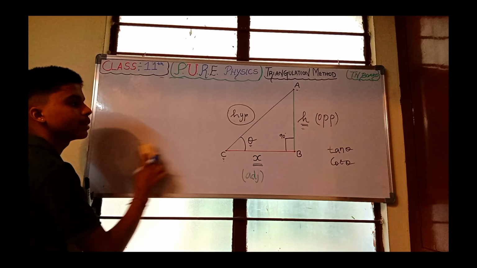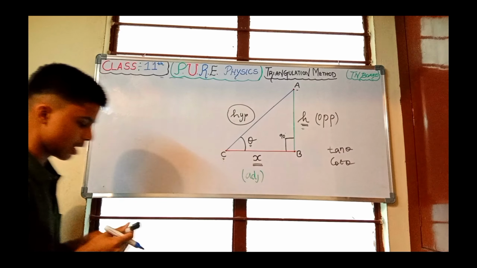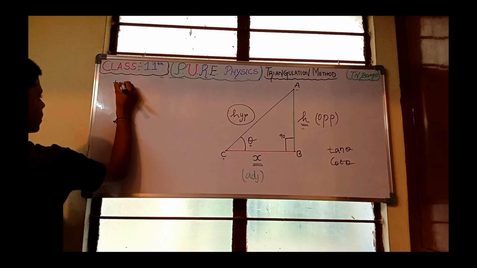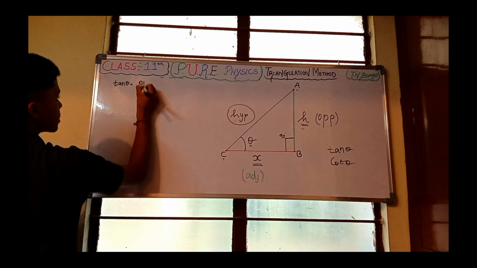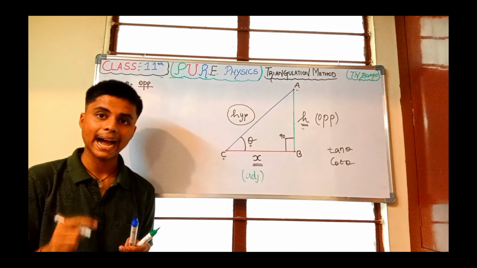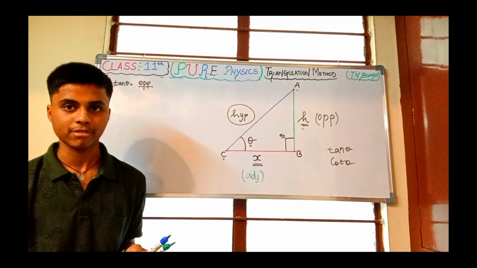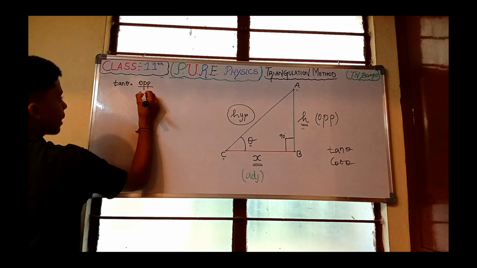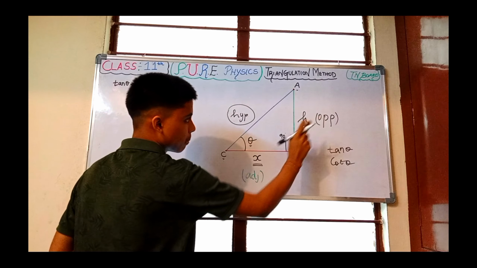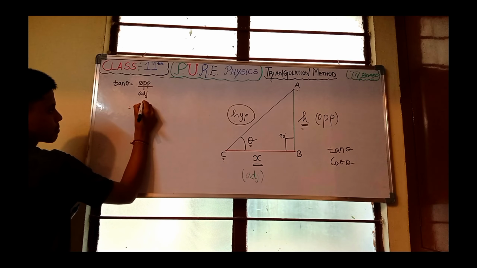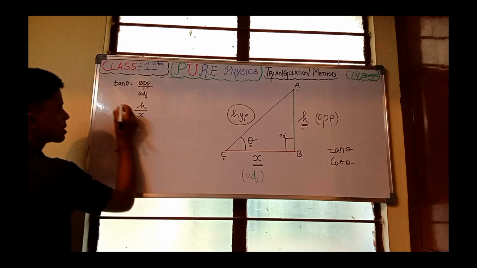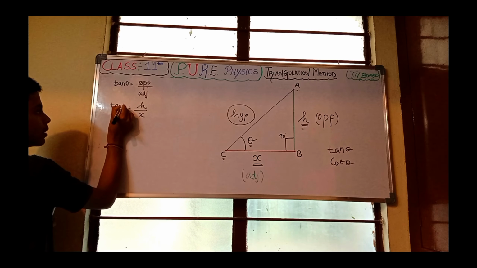Now, how to derive using these 2 functions? I know tan theta is equal to opposite by adjacent. Now I will be showing you how to derive the height using both the functions, not only one function. So opposite by adjacent. Here I have H as the opposite, so in the place of opposite I'm going to substitute H, and in the place of adjacent I'm going to substitute X. H by X is equal to tan theta.